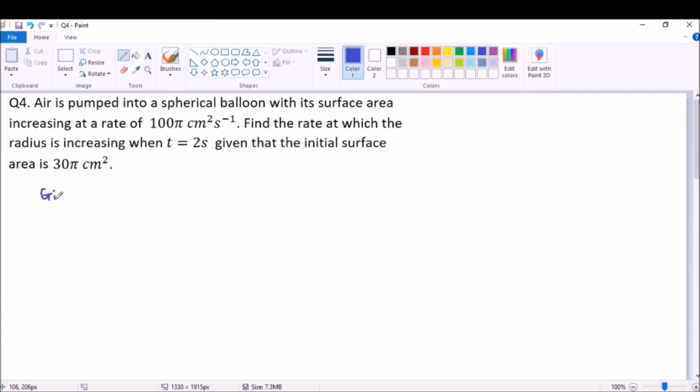So we are given the rate of increase of surface area with respect to time being 100 pi cm squared per second, and initial surface area equal to 30 pi cm squared. Find the rate of increase of radius when t equals 2 seconds.